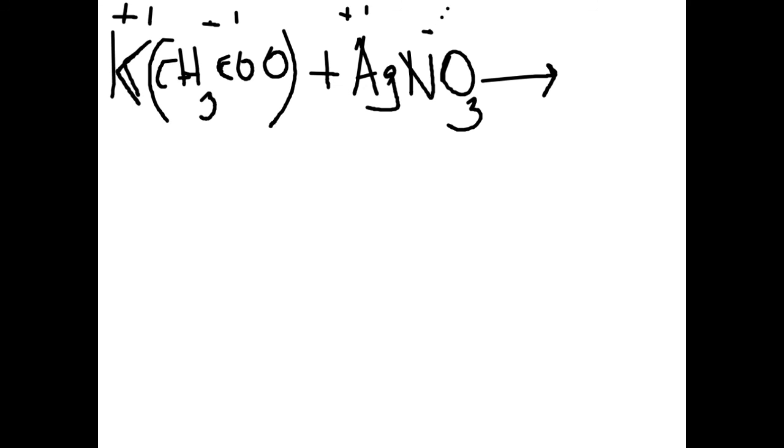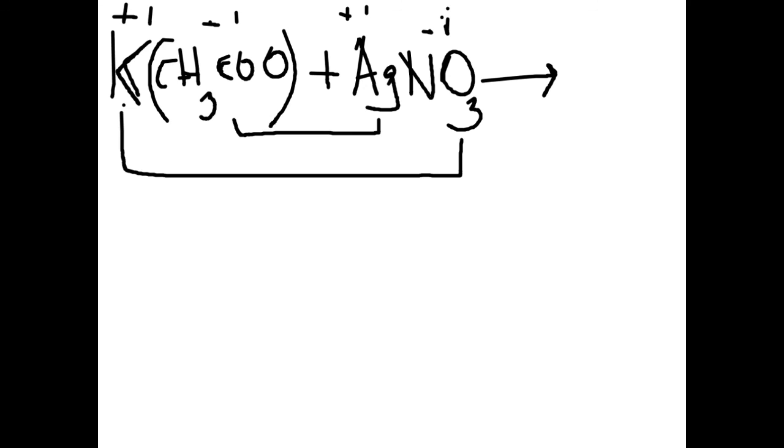The charge on the nitrate is -1. Shall we swap? Potassium would go with what? NO3. And the silver would therefore go with the other guy, right? The acetate. So far, so clear?